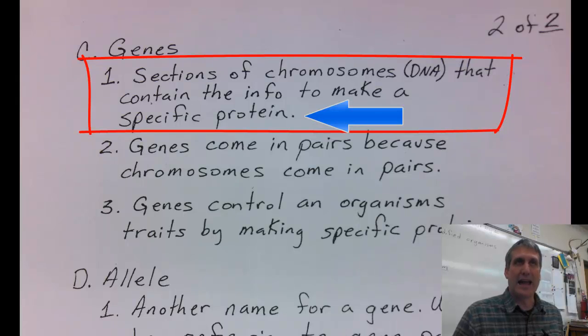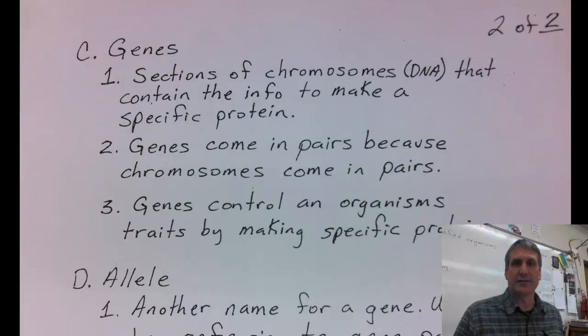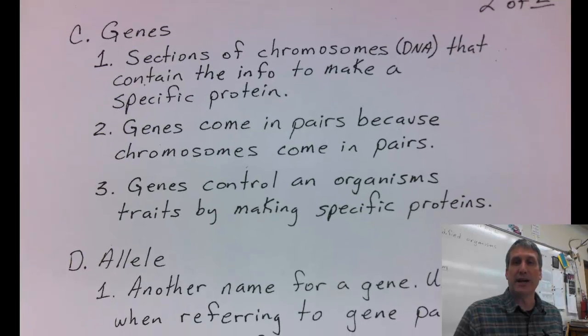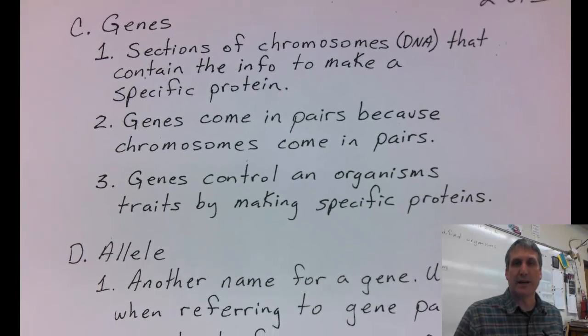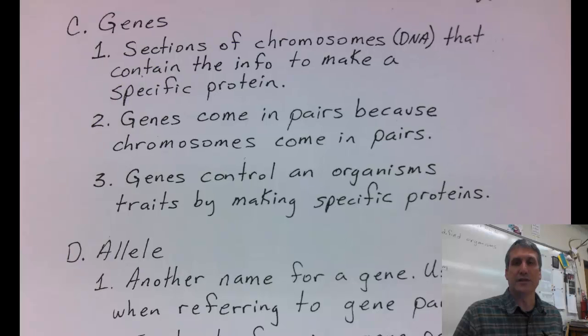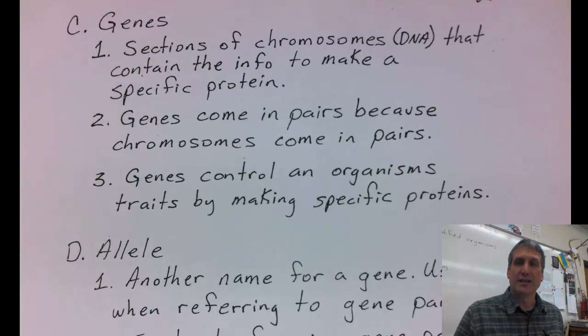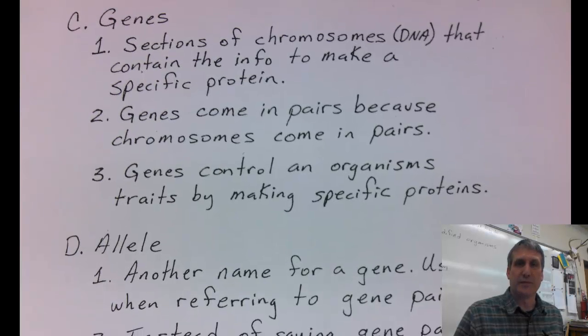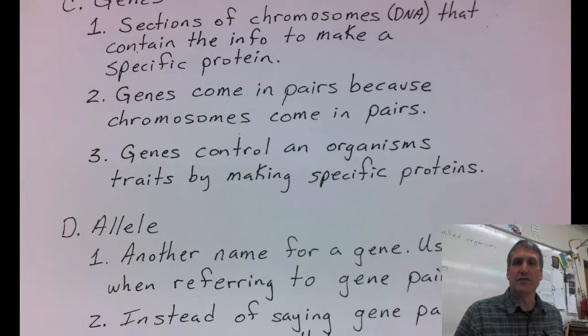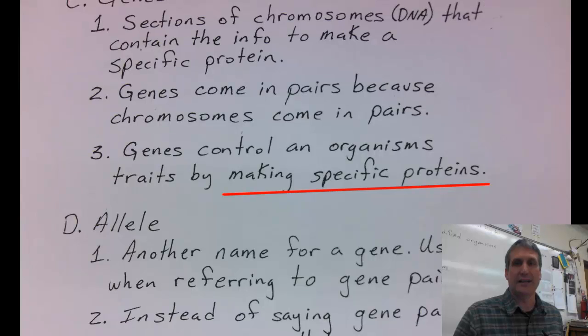Many of them are enzymes. Proteins are involved in almost everything that you do and ultimately control your characteristics. Remember, genes come in pairs because chromosomes come in pairs, and there can be different forms of a gene in a species' gene pool. Genes control an organism's traits by making these proteins, which I just said.